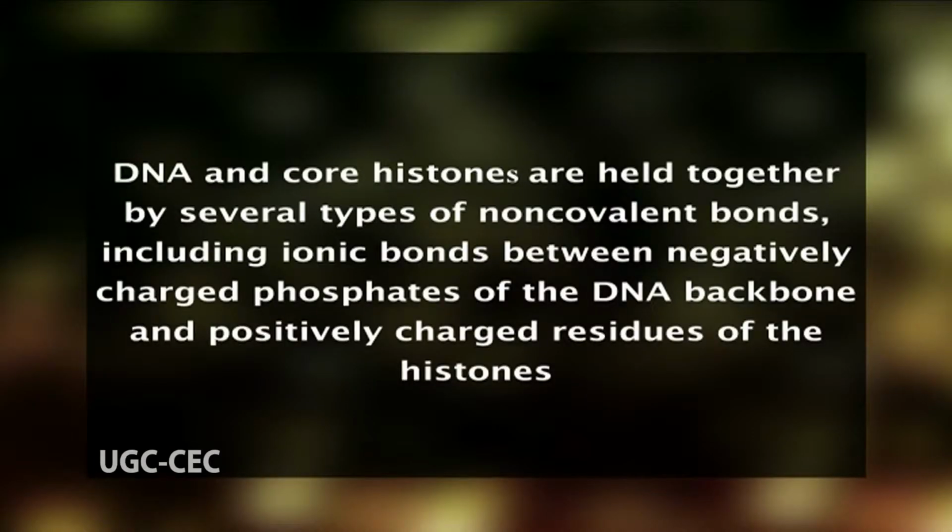In addition to the 4 conventional core histones discussed above, several alternate versions of the H2A and H3 histones are also synthesized in most cells. DNA and core histones are held together by several types of noncovalent bonds, including ionic bonds between negatively charged phosphate of the DNA backbone and positively charged residues of the histones.